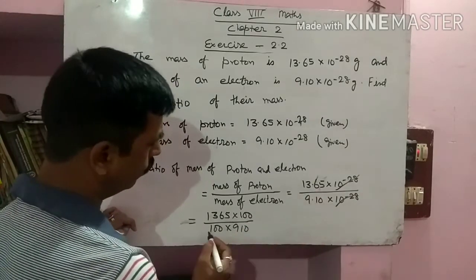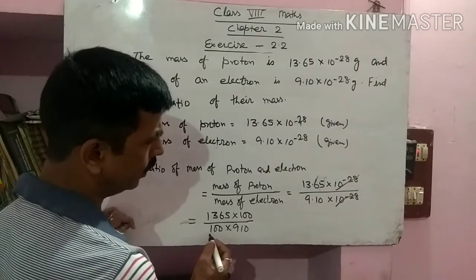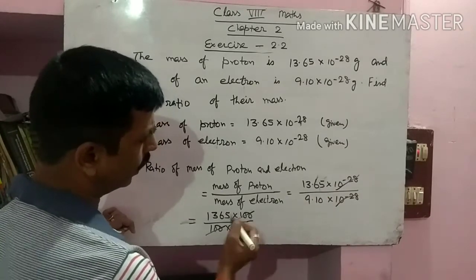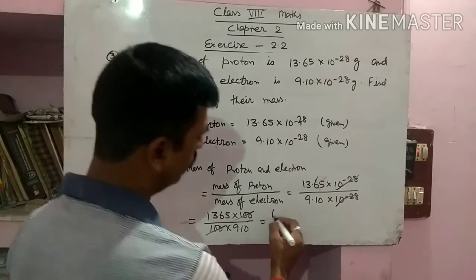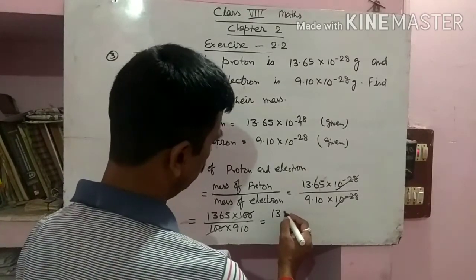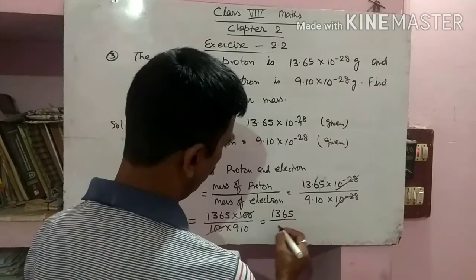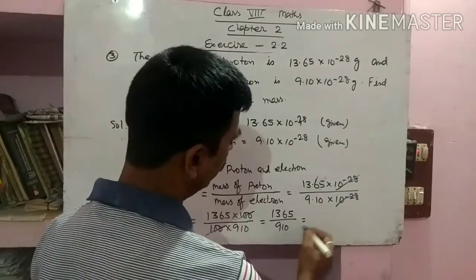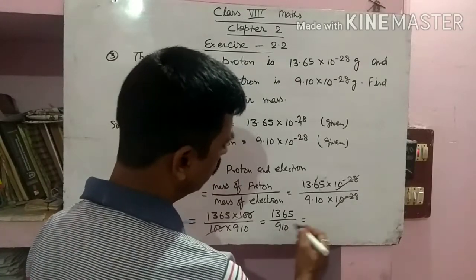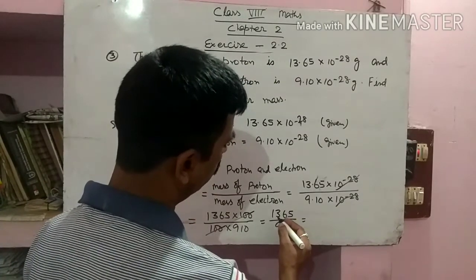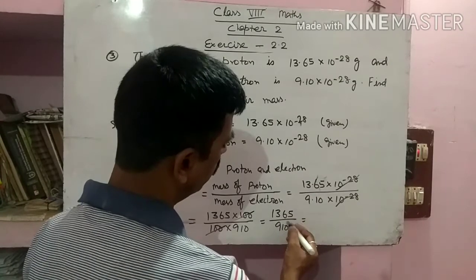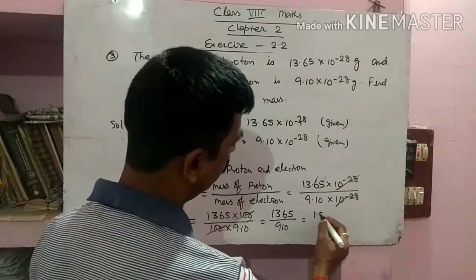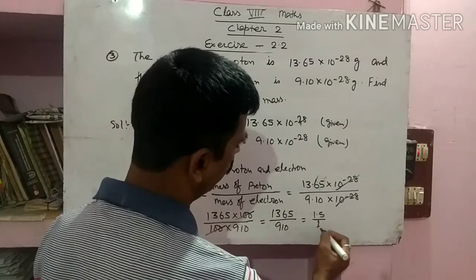For this one, removing this decimal, it will be 1, and there are 2 digits, so there are 2 zeros. Now you can cancel these two, and you will get 1365 by 910. If you divide that, it will be 1.5 by 1.